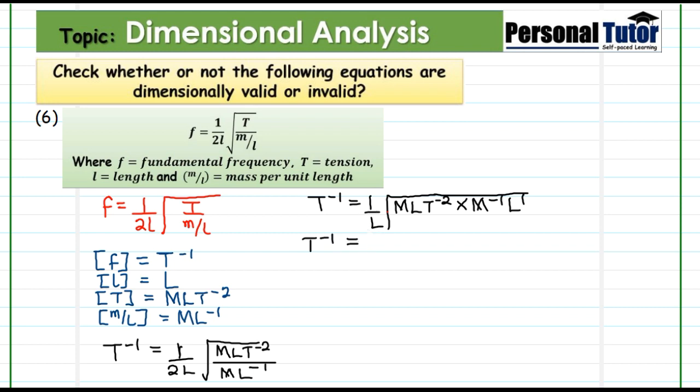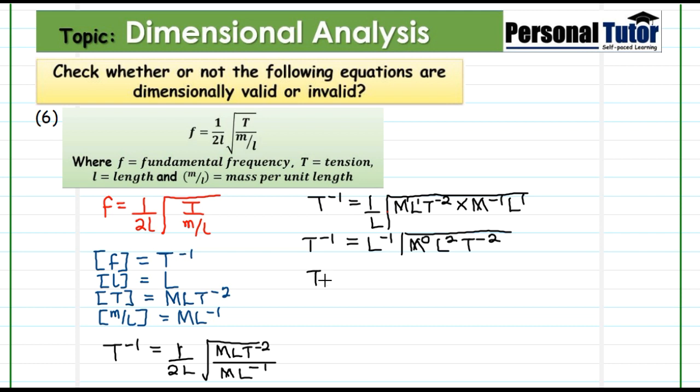This will also go up as L exponent negative 1. Then square root of the M multiplied by the M. This has got a power of 1. So 1 plus negative 1 is 0. This is L, the power of 1. Another L with the power of 1. Exponents added, you have 2. Then T, exponent of negative 2 against nothing. So you're going to get negative 2.